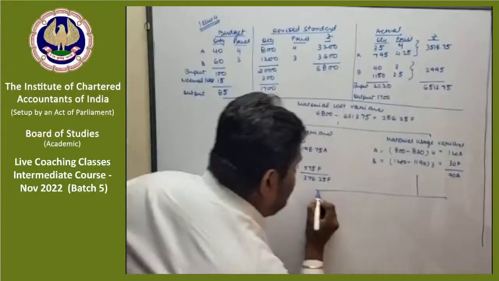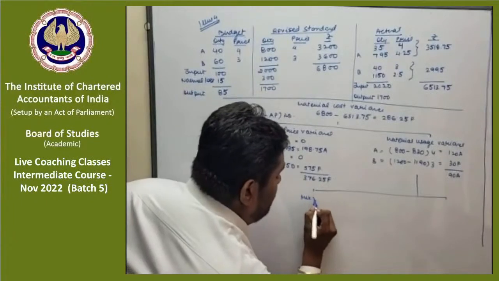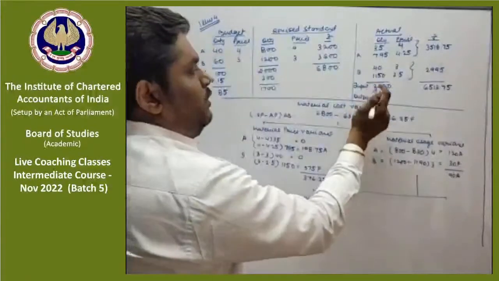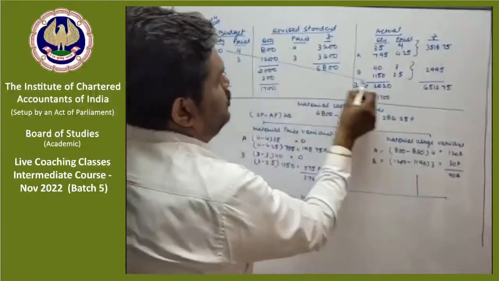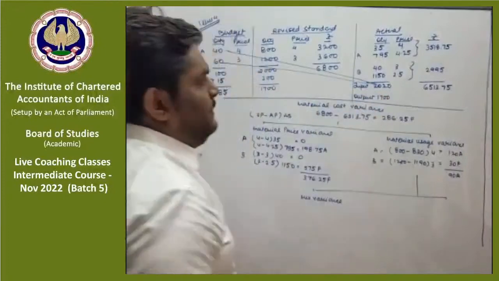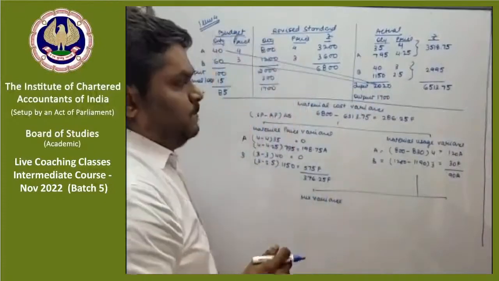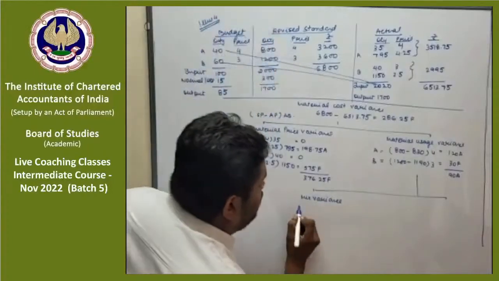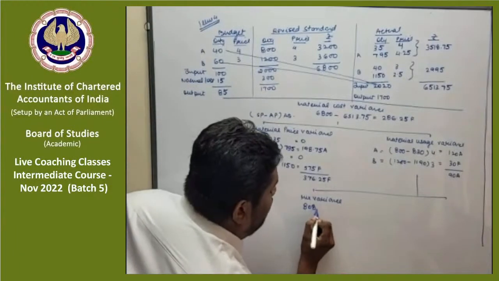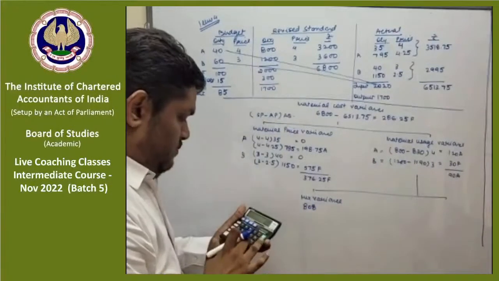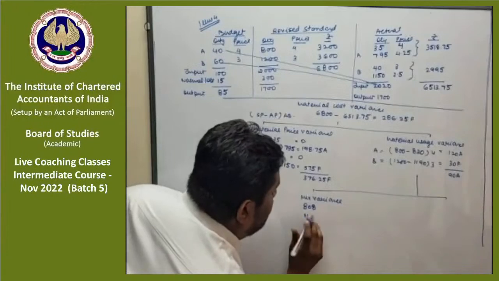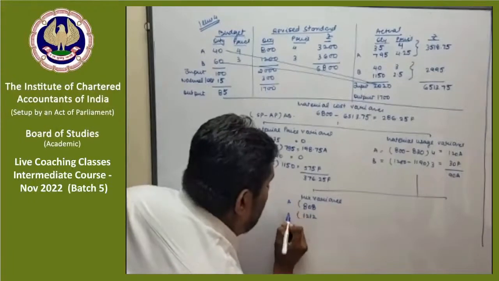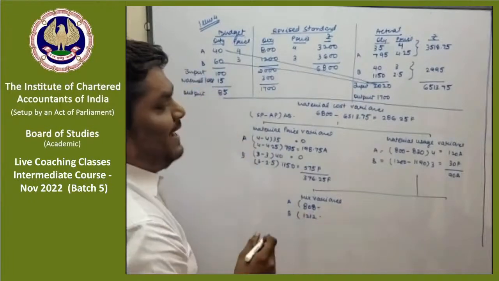When talking about mix variance, 2020 is the input. This should be in the ratio of 40:60. 2020 should be in the ratio of 40:60. So this should be 808 and 1212, minus how much it was actually.